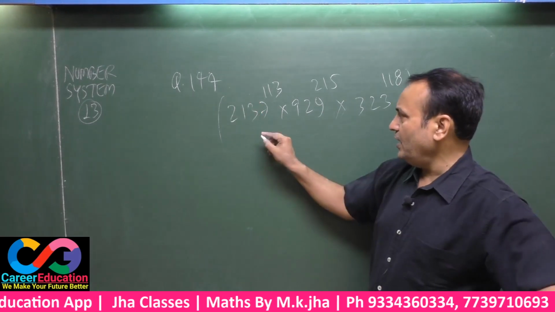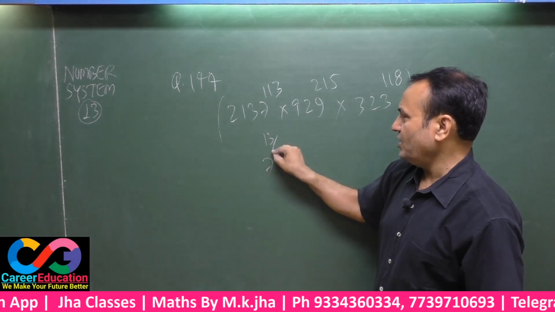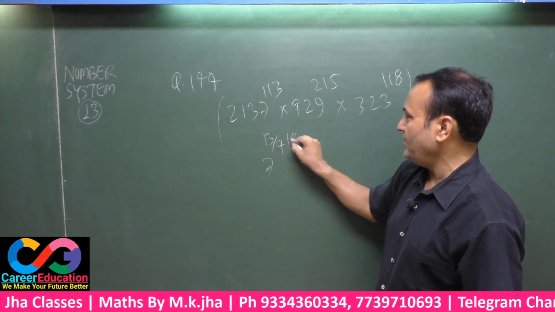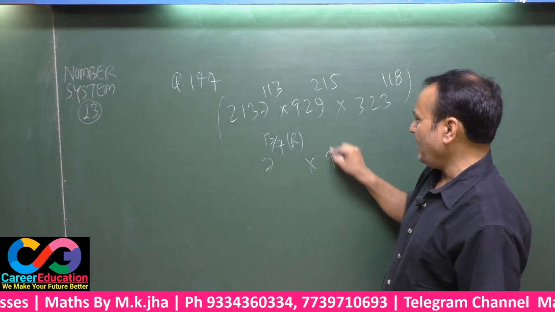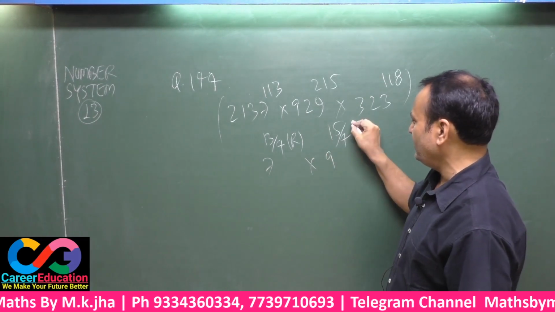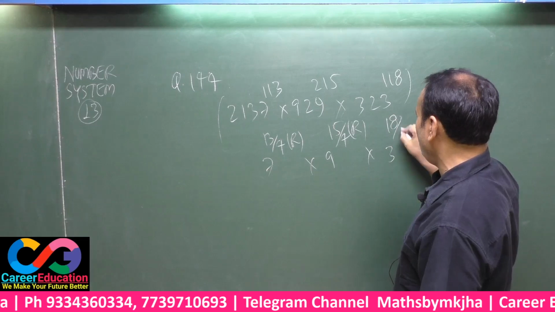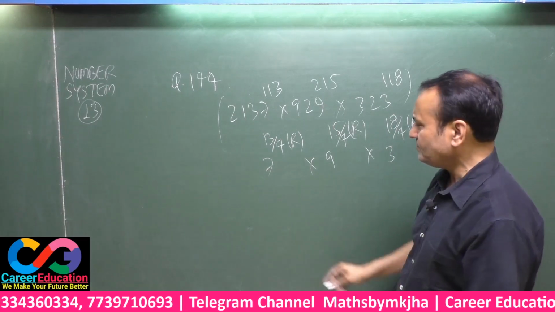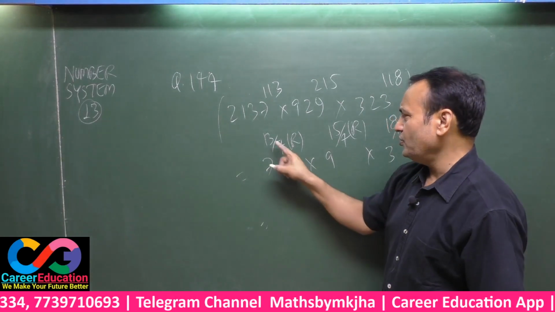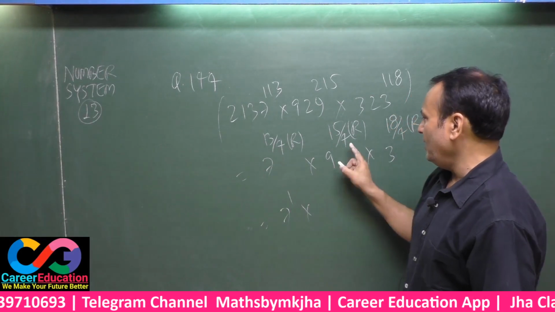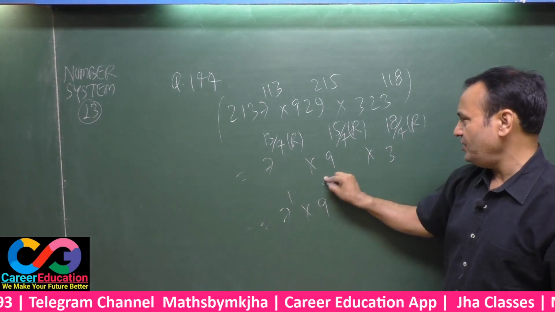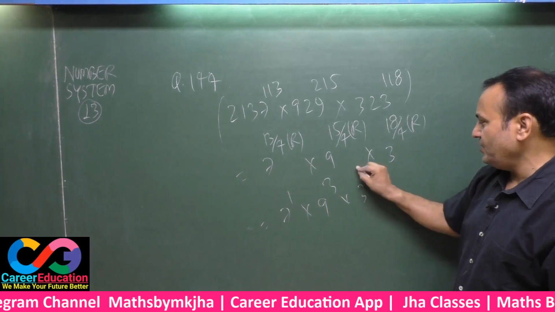That means see here, 7 power 13 divided by 4, get the remainder. Again 9 power 15 divided by 4, get the remainder. 3 power 18 by 4, get the remainder. Now 4 3s are 12, remainder is 1. 4 3s are 12, remainder is 3. 4 4s are 16, remainder is 2.